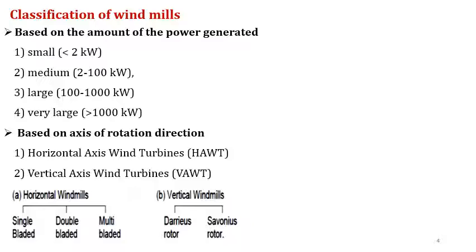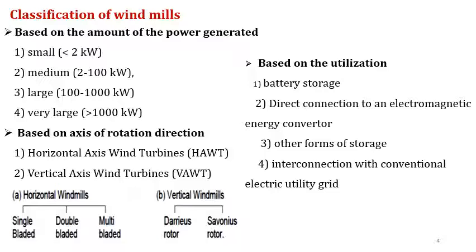Next, it is classified based on the utilization: whether battery storage, direct connection to an electromagnetic energy converter, other forms of storage, or interconnection with the conventional electric utility grid.